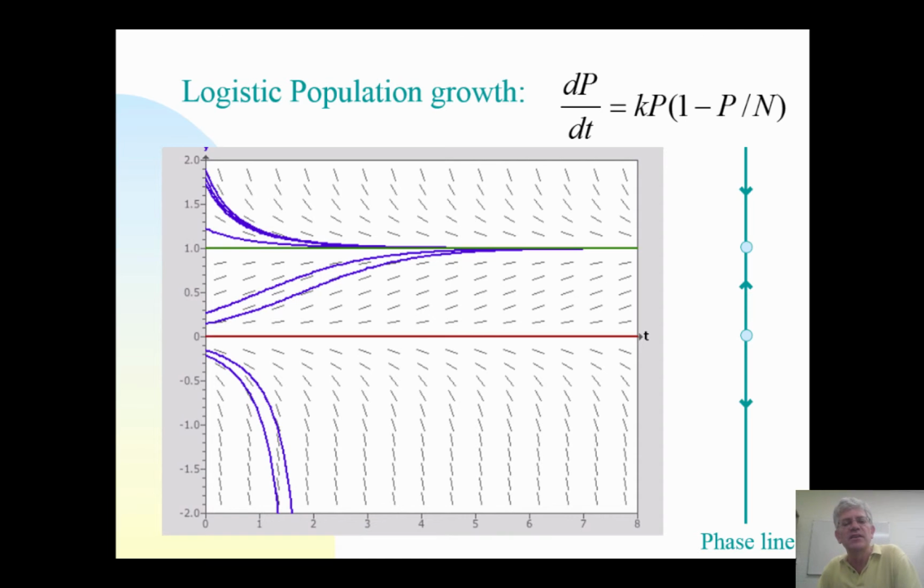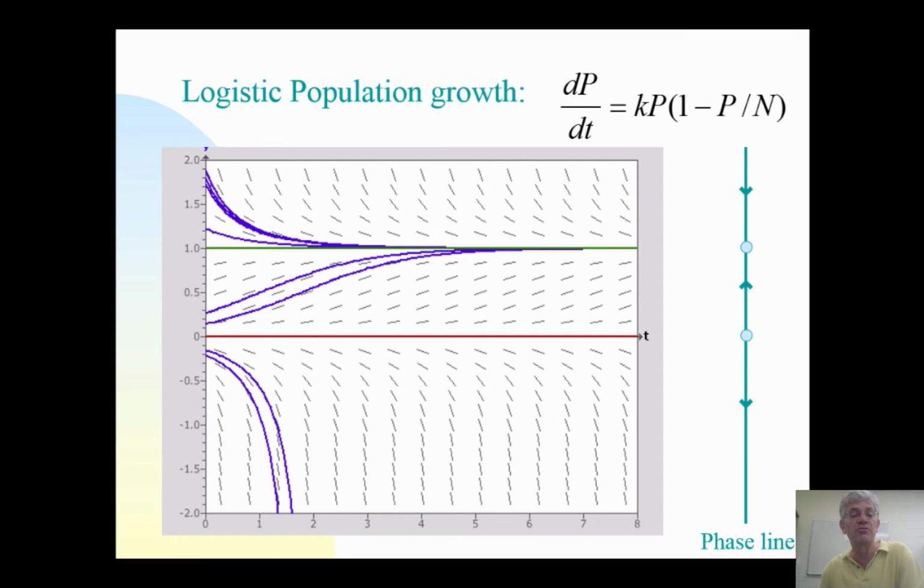And then we can study the solutions of the differential equations using what are called slope fields, getting this visual representation that if you begin with a large population, it will decrease towards an equilibrium solution. If you begin with a smaller population, it will increase to the equilibrium. Zero is also an equilibrium.